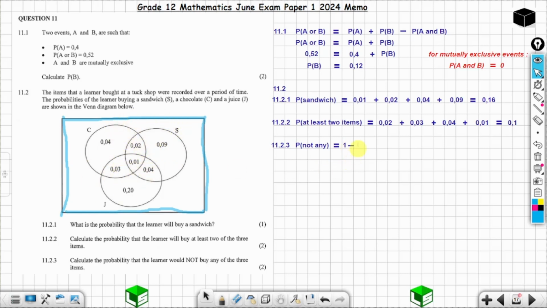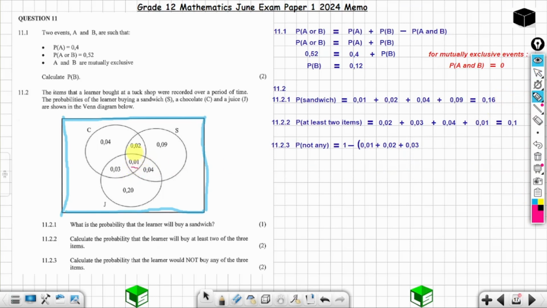So you have 0.01 plus 0.02 plus 0.03. Let me show you.